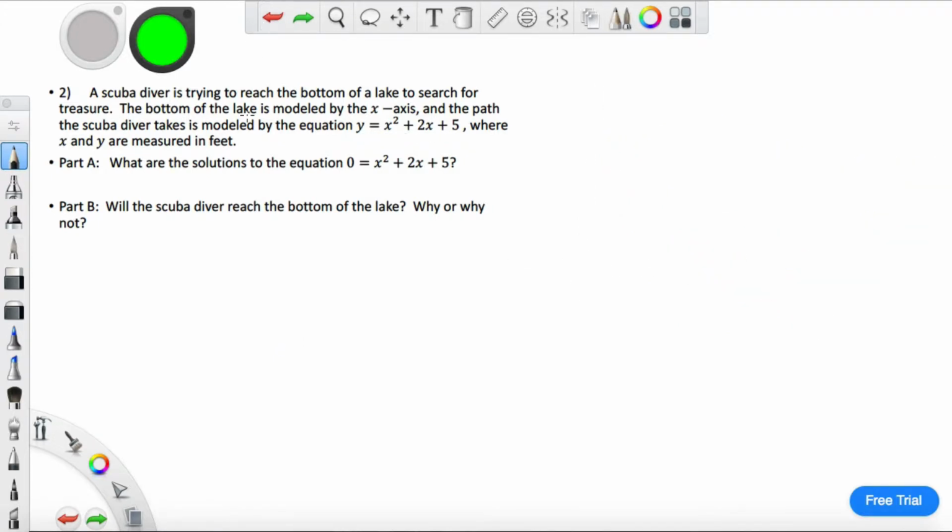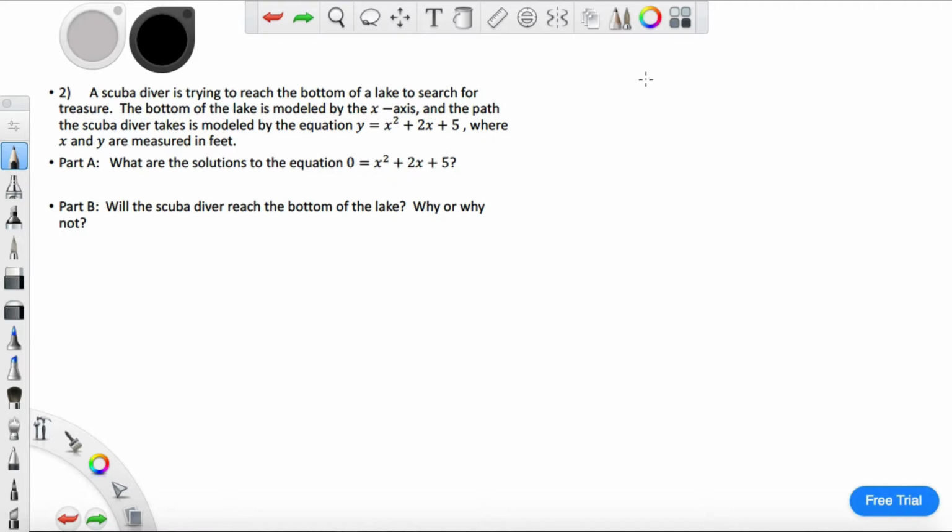So this first part, part A, is just asking you to solve it, right? Well, we know how to do that. We're either going to solve by factoring, and let's see, two numbers that can add to 2 and multiply to 5. The only things that can multiply to 5 are 1 and 5, so that's not going to work because that's going to make 6x, right?